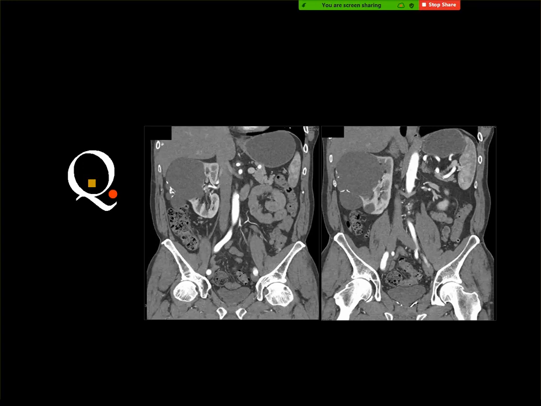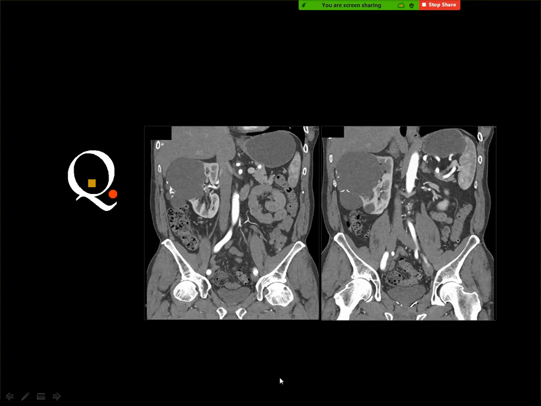Absent left kidney and a large cystic mass in the right one. What about this cyst? Is it Bosniak type 1? No, it's calcified. Type 3? Type 2? Okay, let's look at the cyst. There is a single septum and some flakes of calcium.